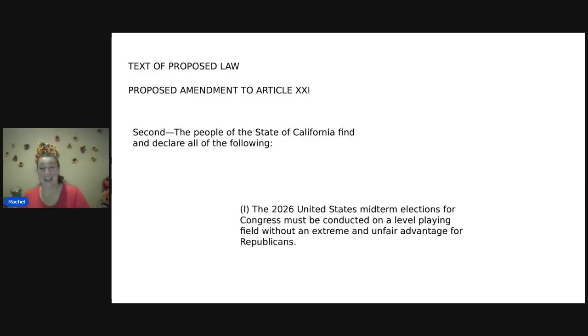L. The 2026 United States midterm elections for Congress must be conducted on a level playing field without extreme and unfair advantage for Republicans. I guess they can have an extreme and unfair advantage for everyone else.